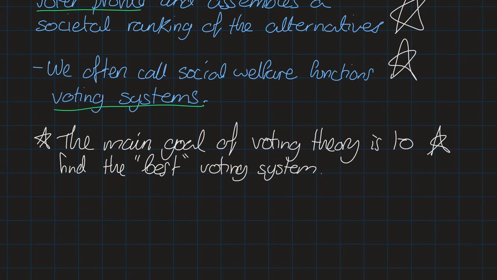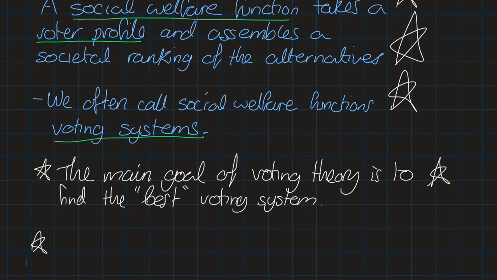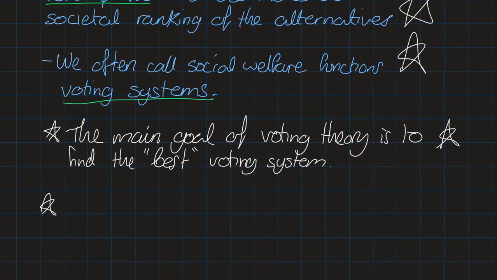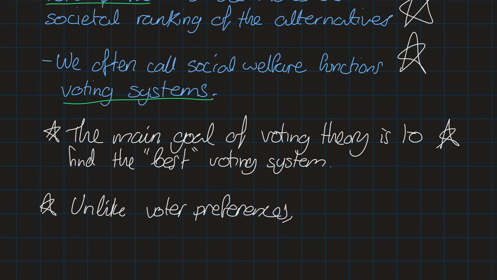One thing which is important, and I want to note, is in the previous video we mentioned that a rational voter has a strict total order for their voter preferences. But the output of a social welfare function, the output of a voting system, doesn't need to be strict. Okay? So unlike voter preferences, a societal ranking, the output of the voting system, is not necessarily strict.